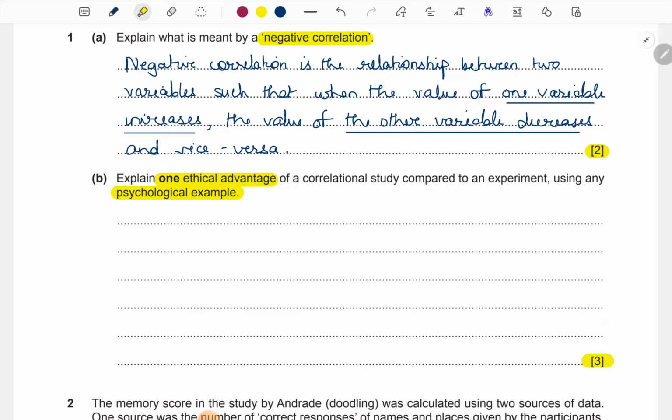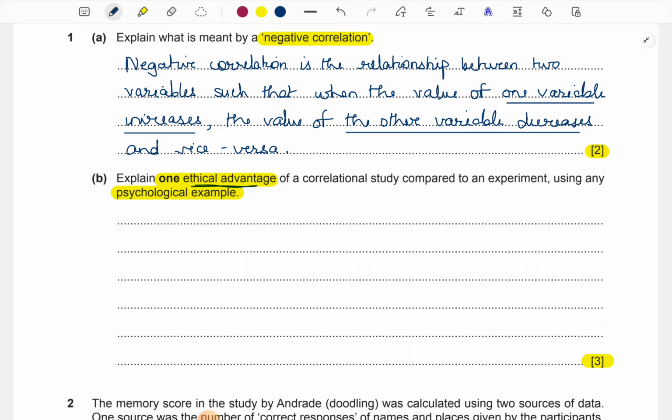Okay, here what they're asking us is, what would be good if we did a correlational study instead of an experiment? So an immediate advantage that comes to my mind, since they've mentioned ethical advantage, is that wherever there is harm to be caused to anybody by doing manipulation, because manipulation is the key feature of an experiment, to avoid that harm of manipulation, it could be better to do a correlational study.